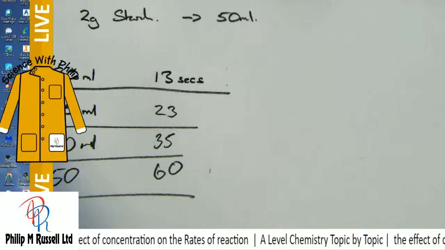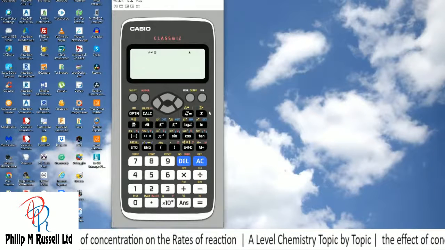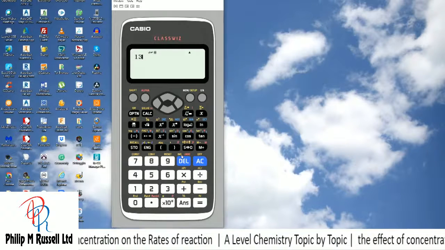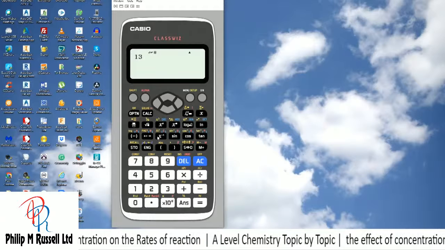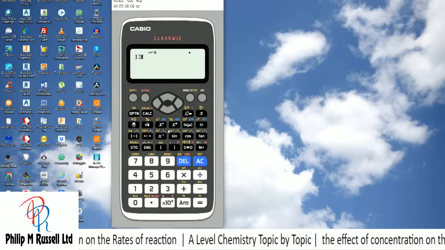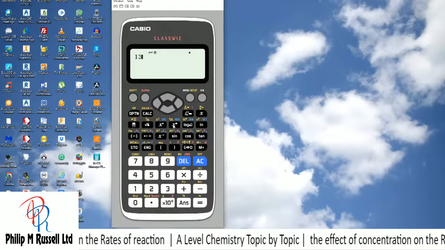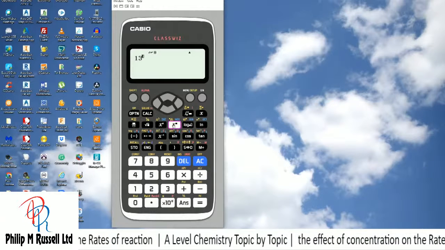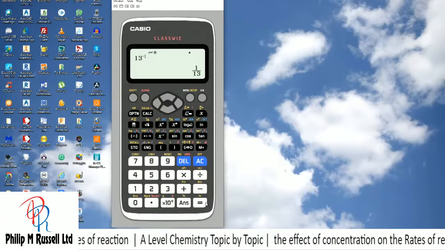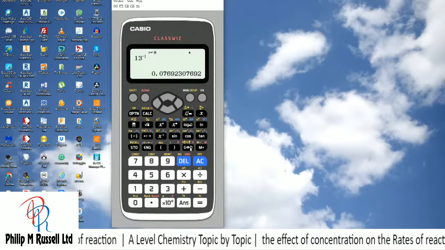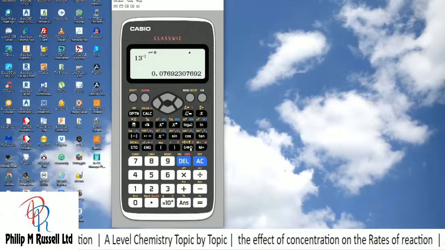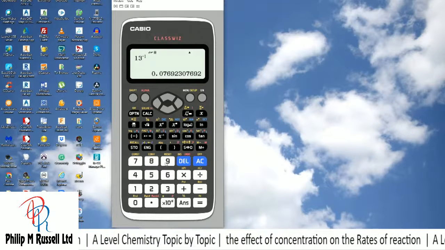So if we zip over to the calculator, then we can work out what is 1 over 13, and if I'm clever, I'll remember where the x to the minus 1 is. I can't. I will have to cheat and simply do to the minus 1. Very helpful, computer. So that one gives us 0.07. I'm not going to be able to plot much better than that.